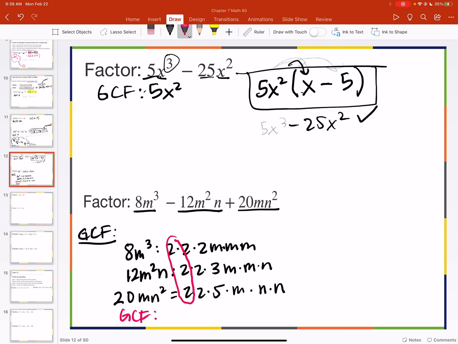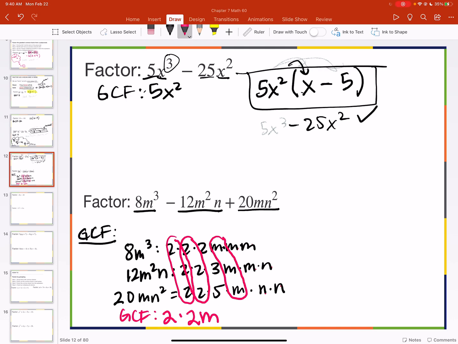Here they have a 2 in common. They also have another 2 in common. They have an m in common, 1m, right? And they don't have anything else that's in common. Notice this has an m and n, but this doesn't. This has an n and n, but this one doesn't have an n.